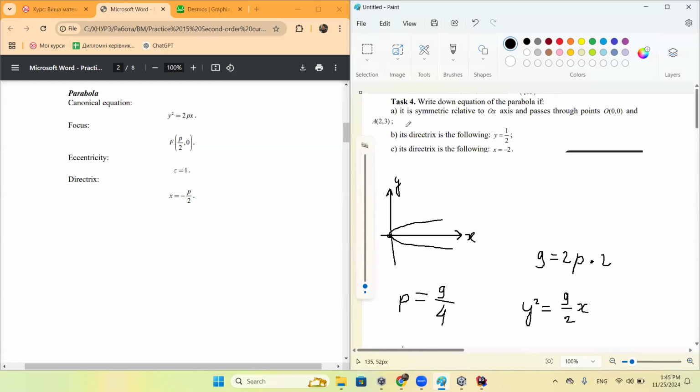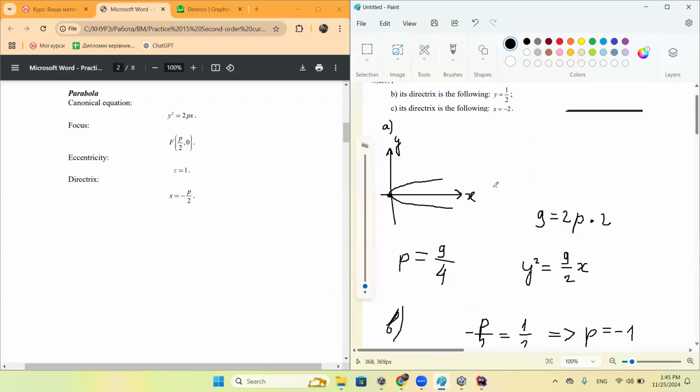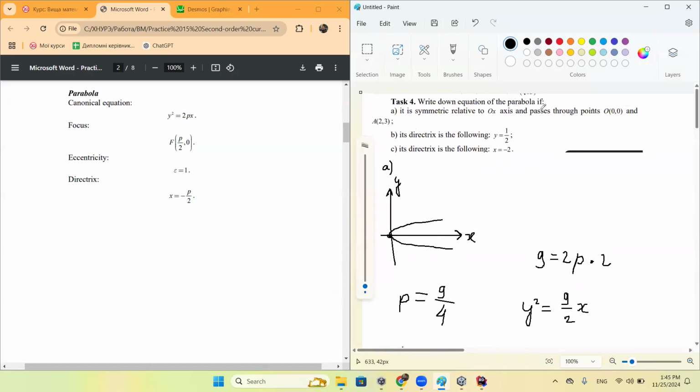You mean A point, right? p were 9/4. Okay. So we know that the parabola passes through these points 0, 0 and 2, 3.